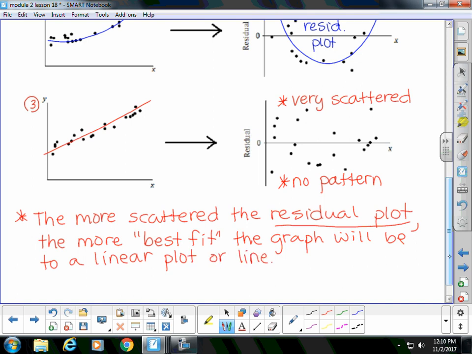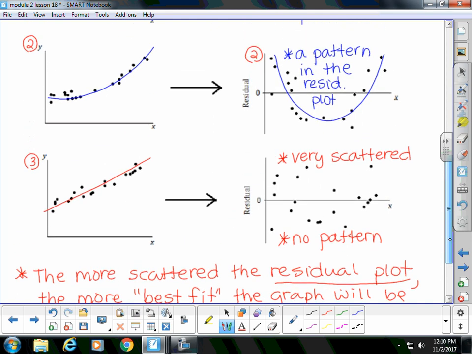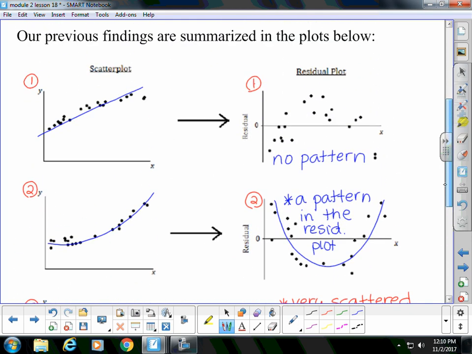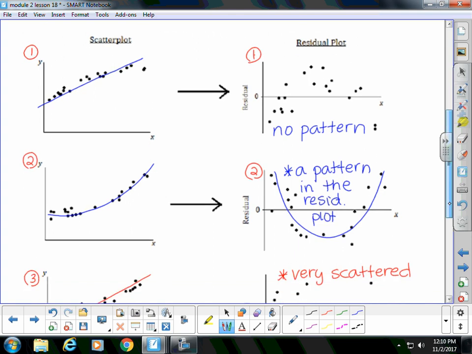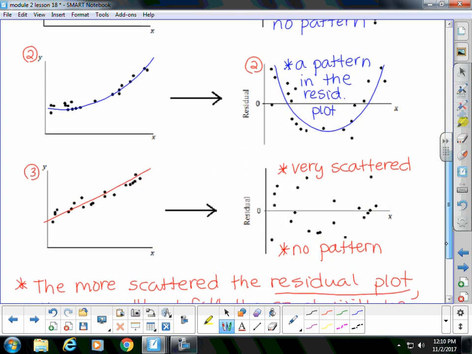So in this case, this third one is more scattered. And if you look at the third graph over on the left side, it's closer to a line probably than the first one is. But both number 1 and number 3 have pretty scattered residual plots.